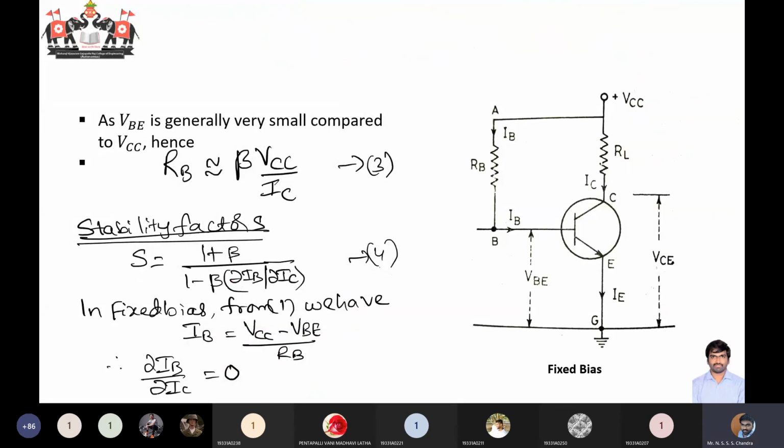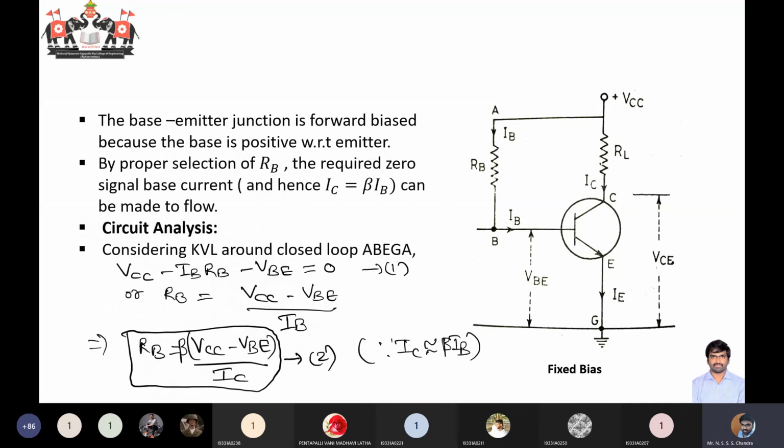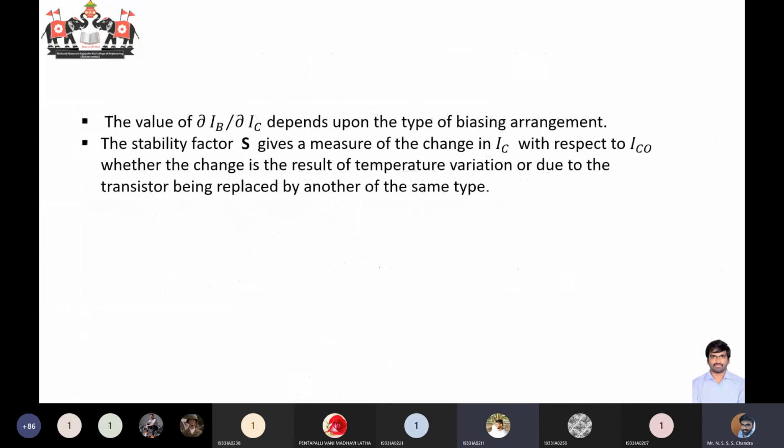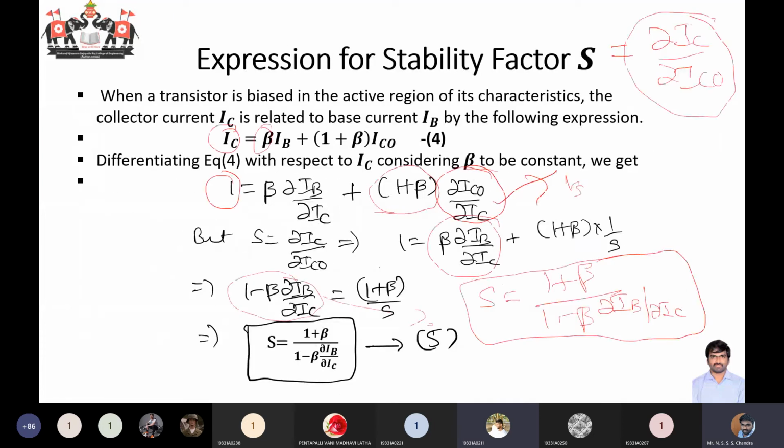Now let us check how the stability factor S will be for this circuit. What is the stability factor S that we derived in the last class? In the last slide we derived the expression S is equal to 1 plus beta by 1 minus beta into dou IB by dou IC.